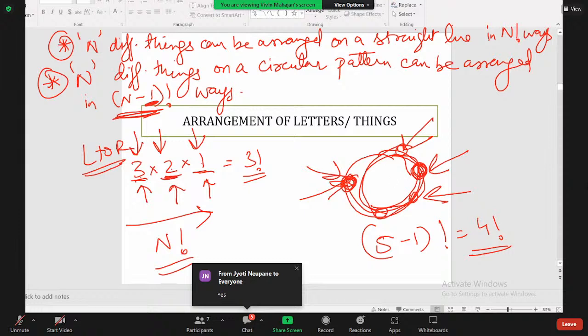Quickly note down the idea and then we'll take certain examples to understand the concept in detail. Okay, guys, moving on now.